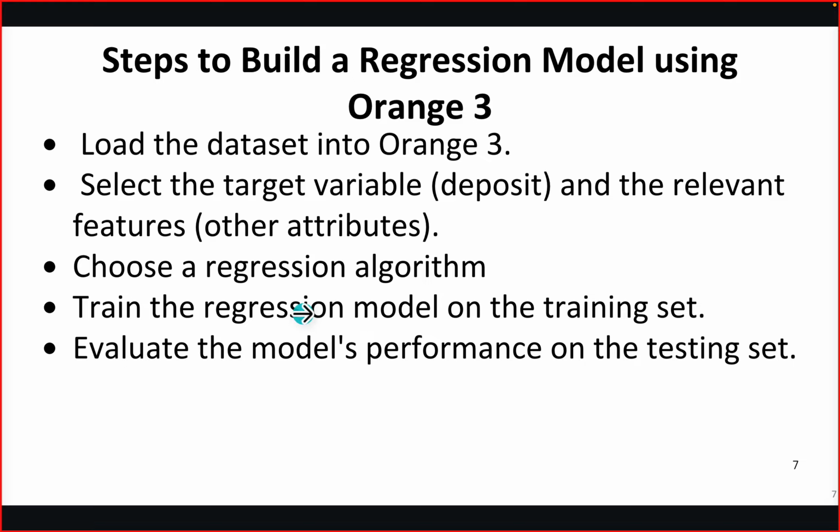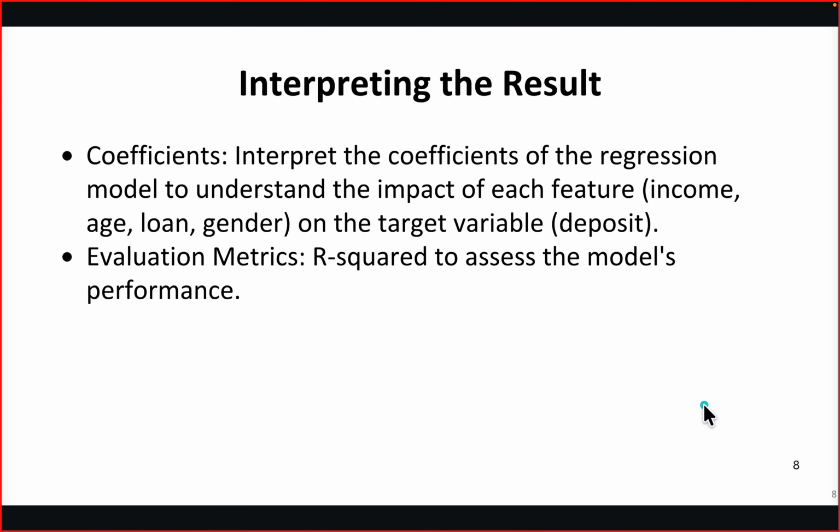So two steps: train the model and then evaluate the model. Then we interpret the coefficients of the regression model to understand the impact of each feature, for example income, age, loan, gender, on the target variable, which is deposit. Then we evaluate the model using R-square to assess model performance.